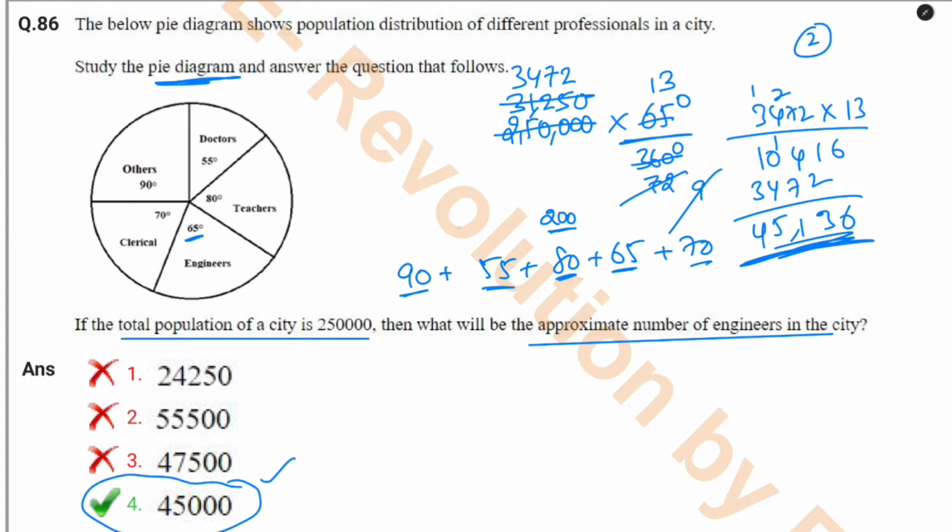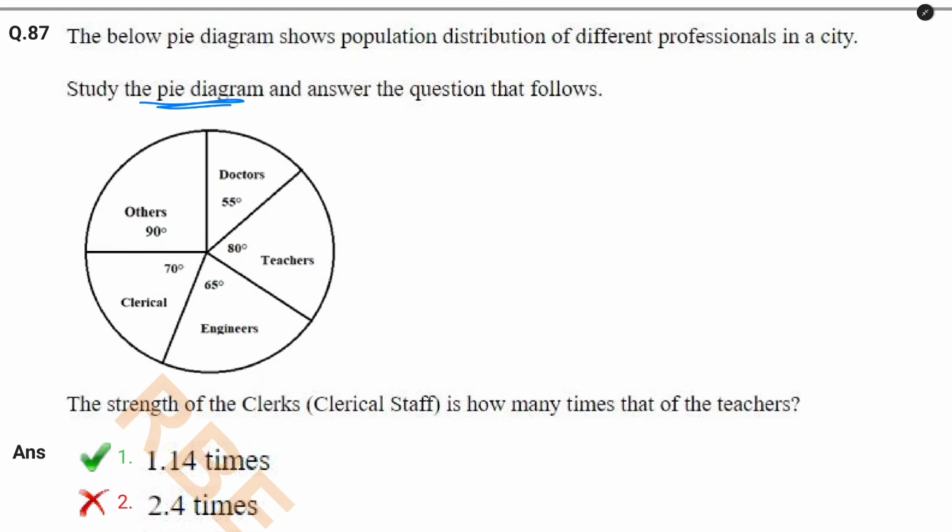This is the answer. In the pie diagram, they have given the strength of clerks is how many times that of teachers. So clerks is 70 degrees and teachers is 80 degrees. So this is how many times of this.